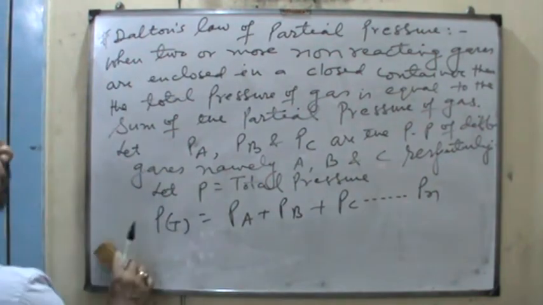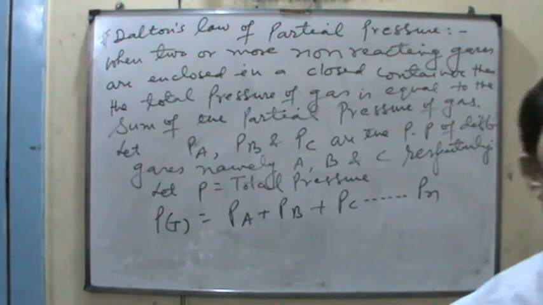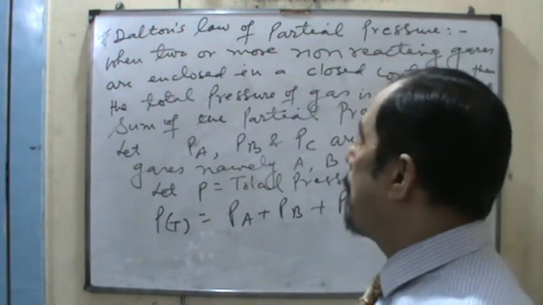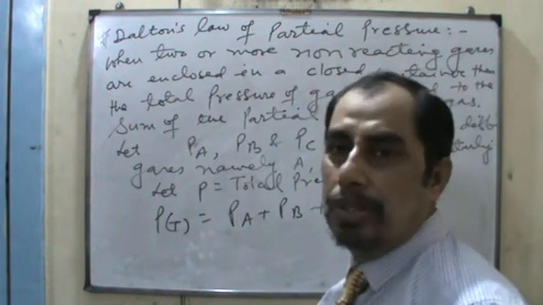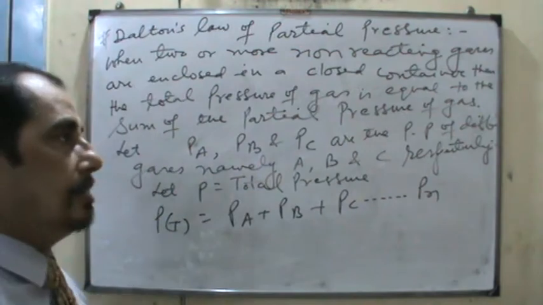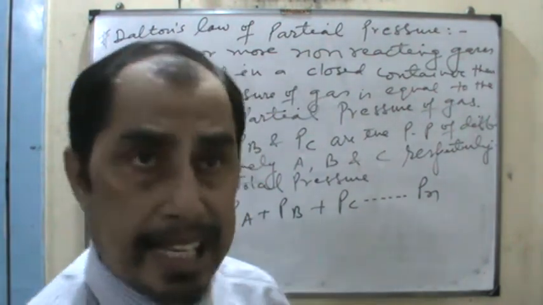Now, what are the applications of this law? There are two applications. One is to calculate or determine the aqueous tension. Second is the relation between mole fraction and partial pressure of the gas.